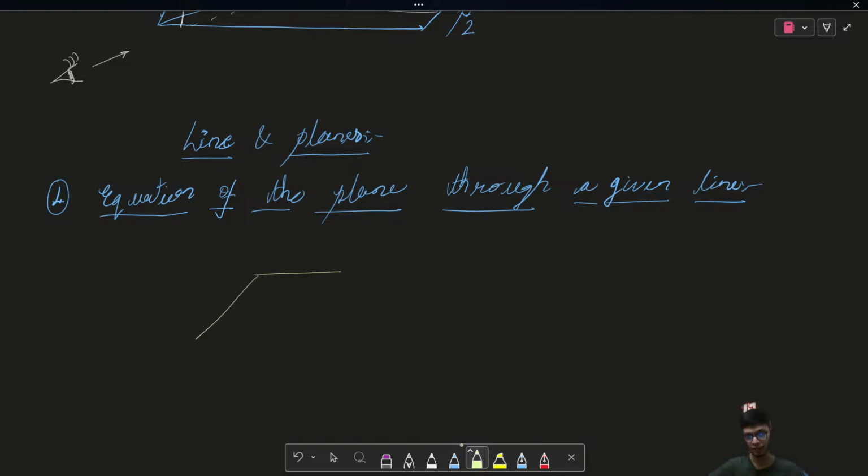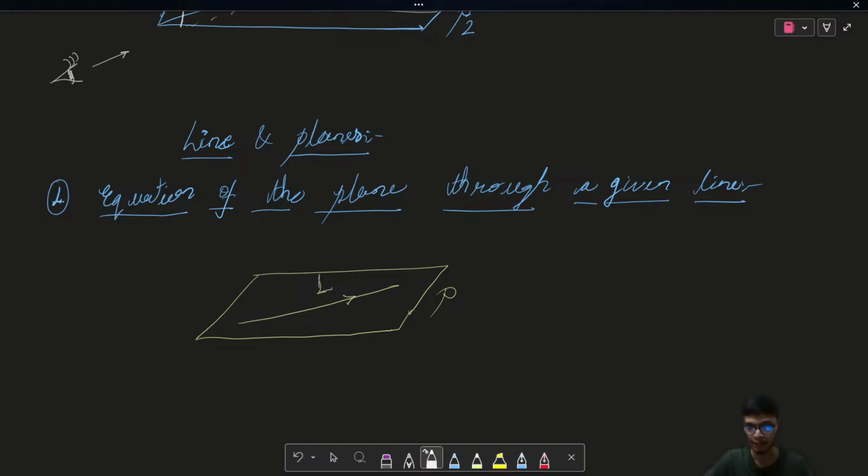Let us say you have a plane over here, and this is my line L, and this is my plane P. This particular line lies entirely on the plane. So I can consider this question as the case when the line lies completely on the plane. How do we solve these kinds of problems? Let us try to generalize this problem.